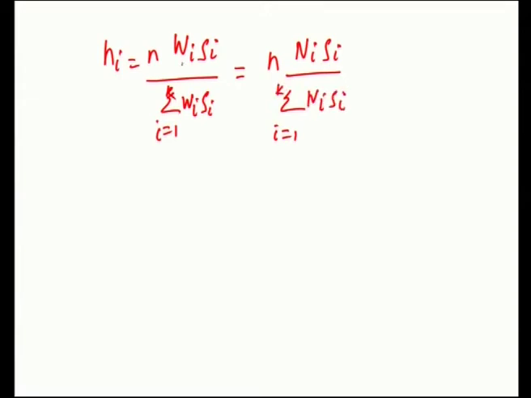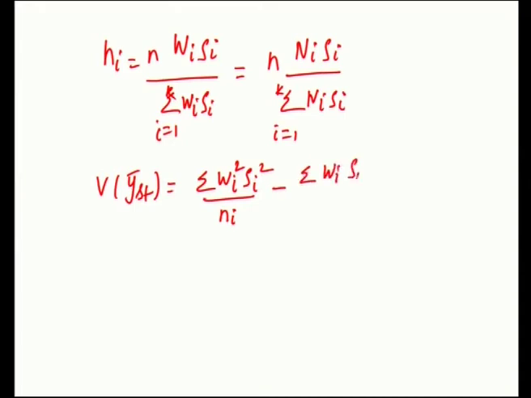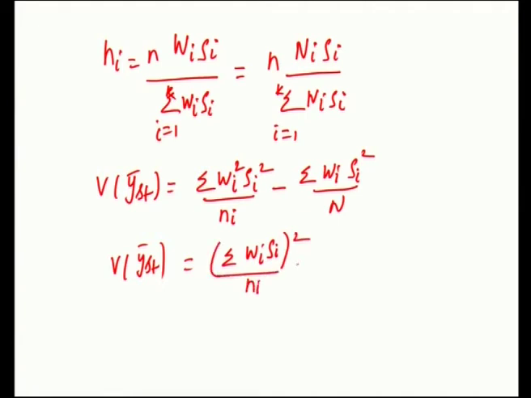This is from the definition of Wi, because Wi is nothing but capital Ni by capital N. And substituting this ni in variance of Yst bar, which we have already seen, summation Wi squared Si squared by ni minus summation Wi Si squared by N, we get variance of Yst bar as (summation Wi Si) the whole square by n minus summation Wi Si squared by N.